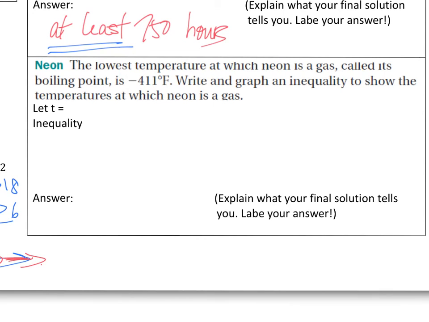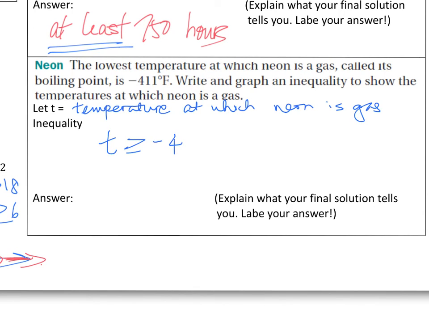So let T equal the temperature at which neon is a gas. So we can simply write T is greater than or equal to negative 411.